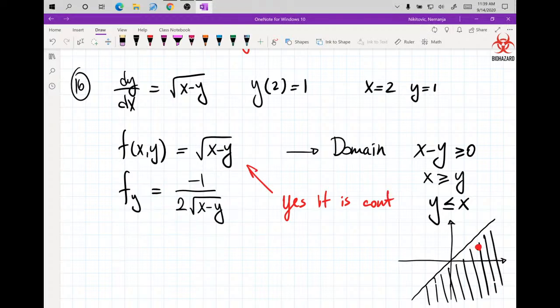Now we know that we are not allowed to have 0 in the denominator, and you are going to get that when x is equal to y, which is going to knock off the equal sign here. Now, what is the equal sign going to knock off?